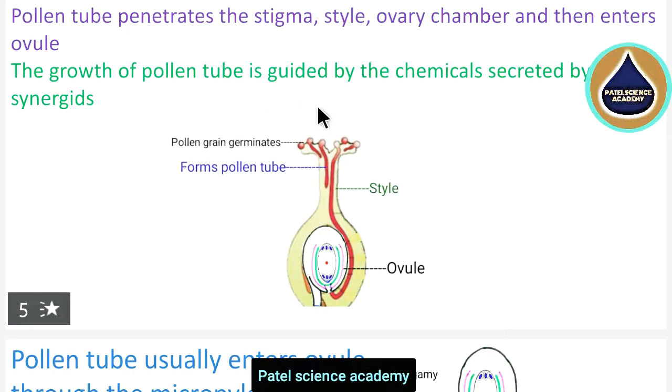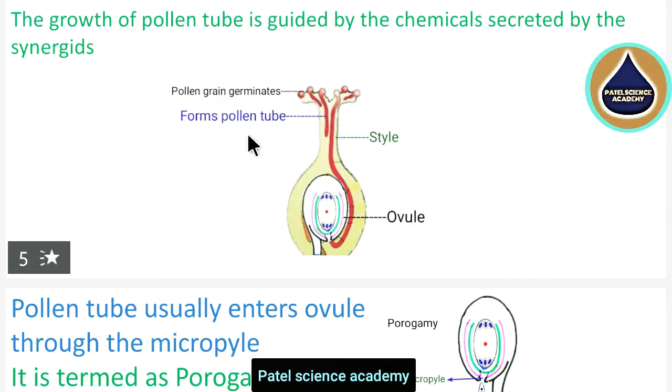The growth of the pollen tube is guided by the chemical secreted by the synergid cell. As you know, in the nucellus there are 8 cell structure, out of which the synergid cell is located toward the micropyle end. I have explained it in one of my lectures.